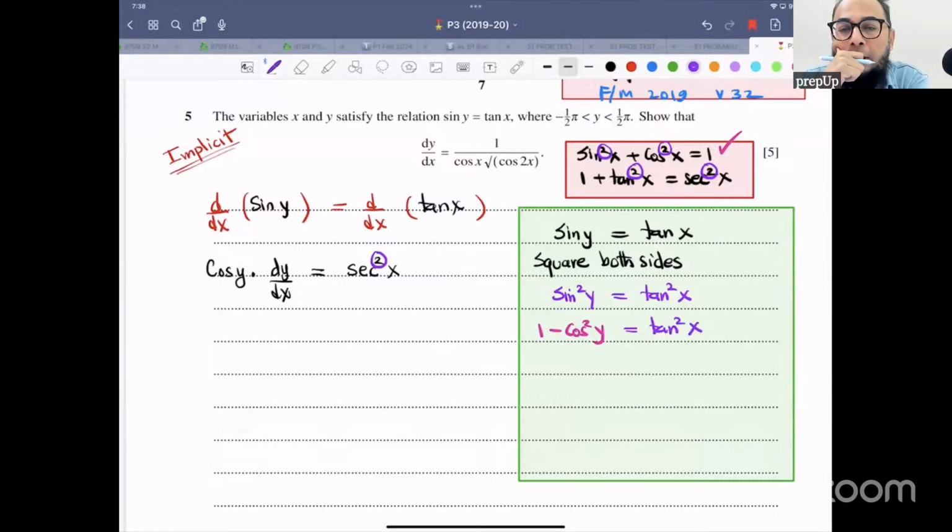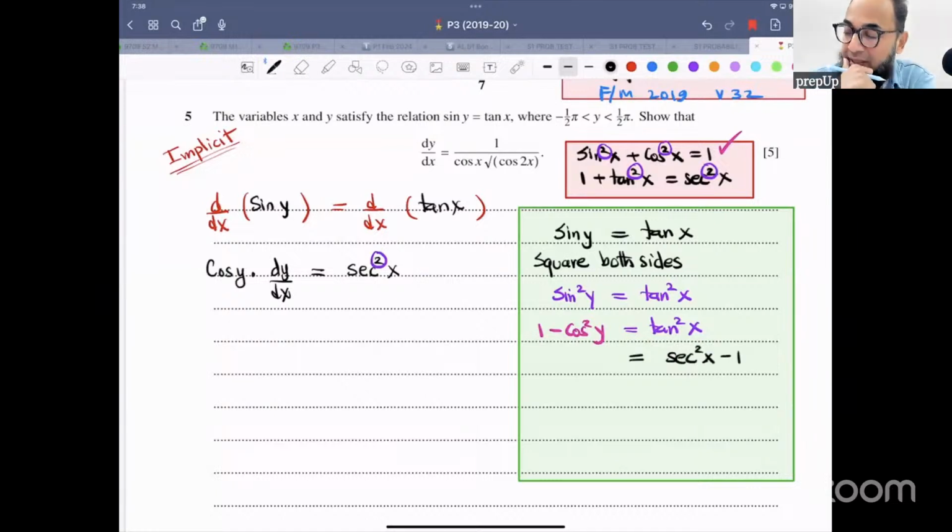Now we have 1 plus tan square x is sec square x, and I need this thing over there. So what I can do is write tan square as sec square x minus 1.